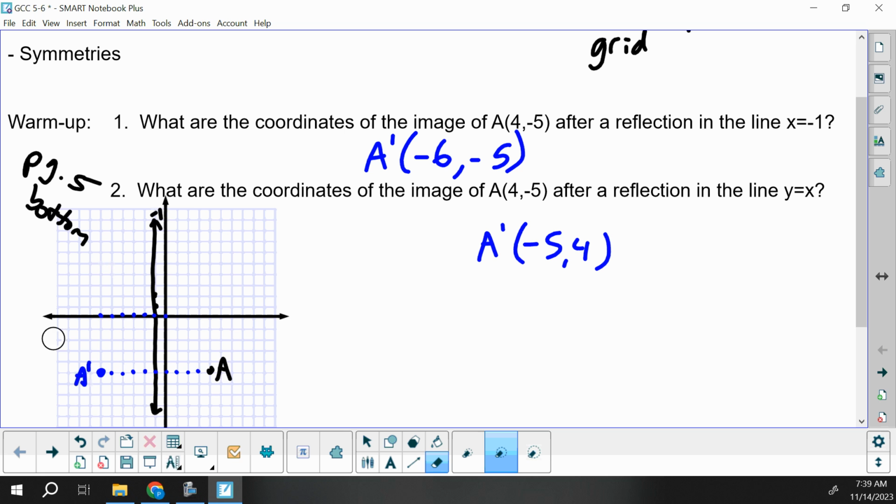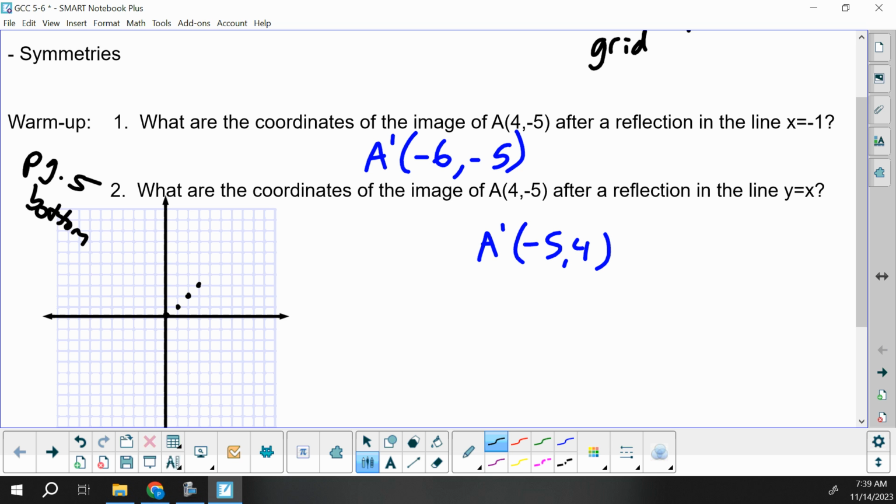If you were to do that one visually, y equals x is the line where all the x's and y's are the same. So like (0, 0), (1, 1), (2, 2), (3, 3), and so on. So there's roughly our line y equals x. Our A, which was (4, -5), would be here.